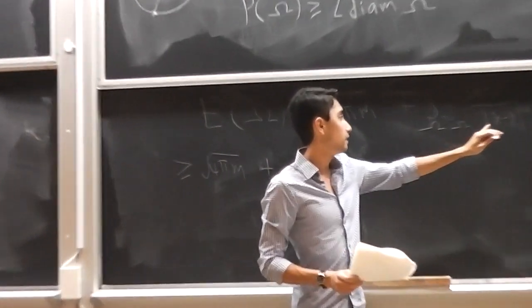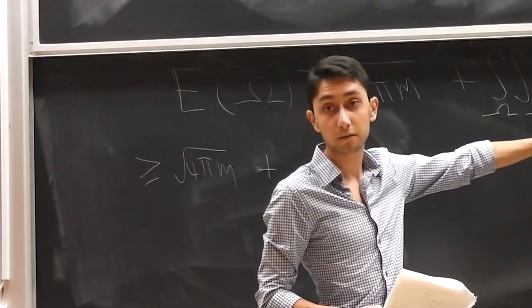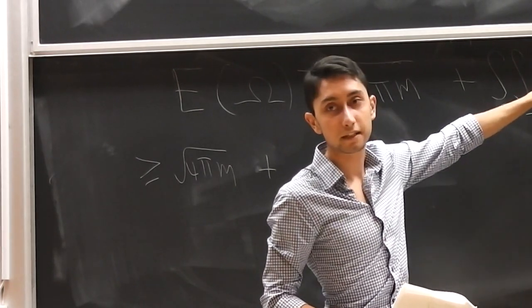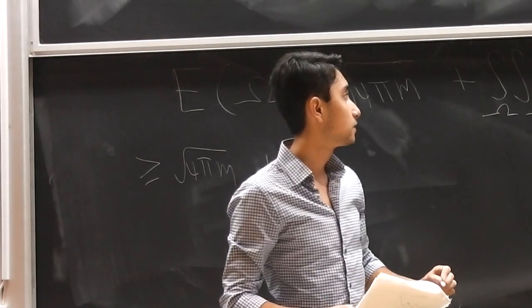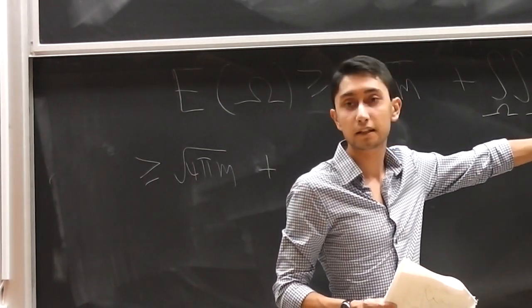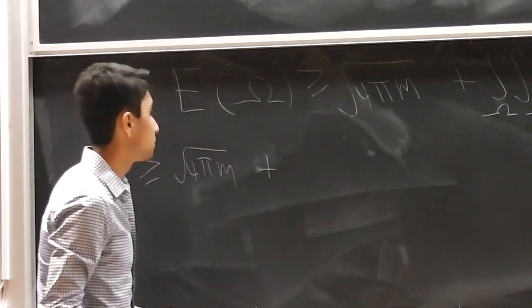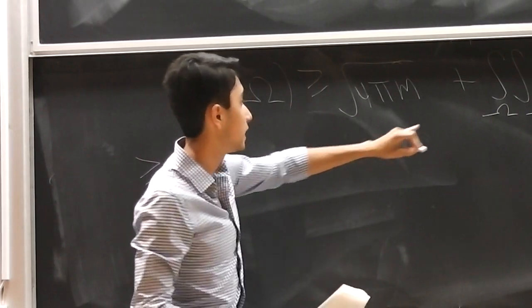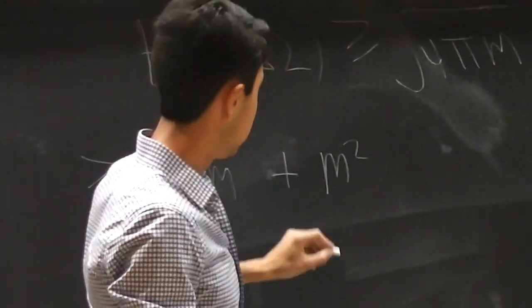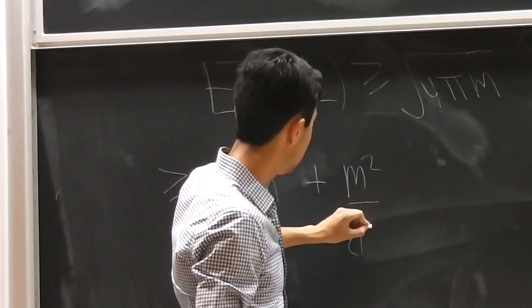We can bound this from below, right? The smallest this can possibly be is when x and y are the farthest apart, right? And the farthest apart x and y can be, if they're in omega, is just the diameter of omega. So we're going to get m squared from the area elements divided by d to the alpha, or diameter.